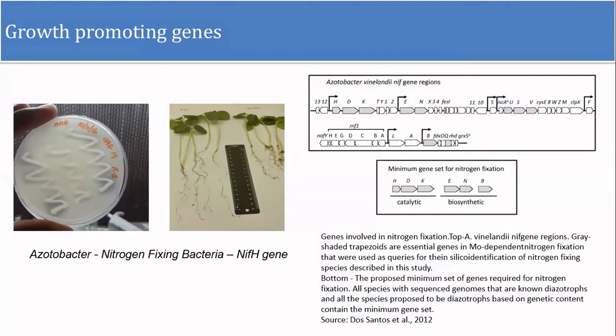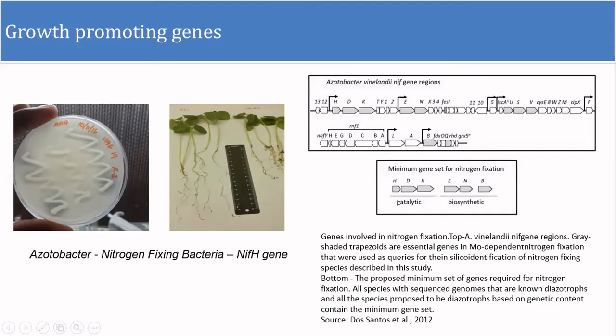Then with respect to Acetobacter, we have also isolated it and studied its growth promoting activities. When we tried to see whether it has nitrogen fixation genes, as I told you, the genes could be single or a cluster, or polyketide synthesis genes. If you see here, there are many genes, but of these, nifH, the nitrogen fixing gene, is a critical one to start the catalytic process.